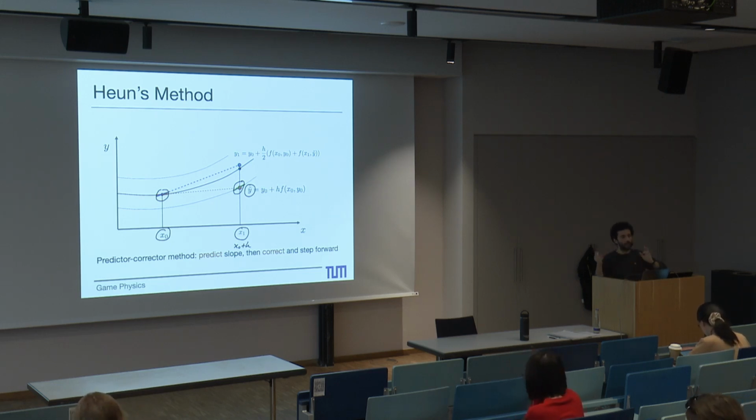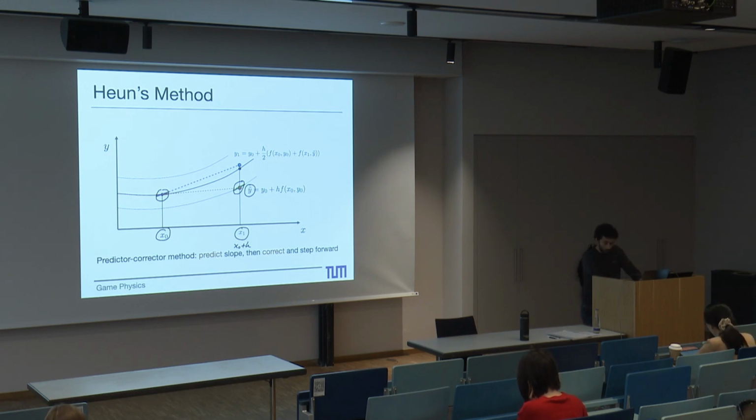We get a first approximation of the slope, and then by computing the derivative a second time and averaging that value, we try to correct our first prediction in order to step forward and have a better educated guess of what the function will look like at the next time step. This, of course, as we said, has twice the computational cost, but in general, this is not the only way that we can achieve a second order method.